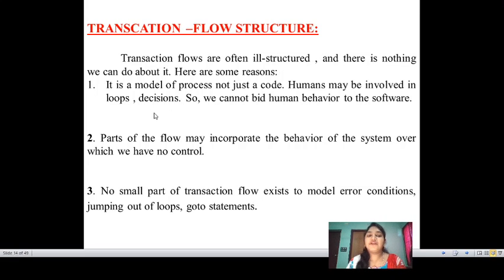Humans may be involved in loops and decisions, so you cannot bind human behavior to the software. Part of the flow may incorporate the behavior of the system over which we have no control. No small part of the transaction flow exists to model error conditions, jumping out of loops, go-to statements. All of these can be defined in the transaction flow structure, and these are all the reasons for it not being 100% structured.